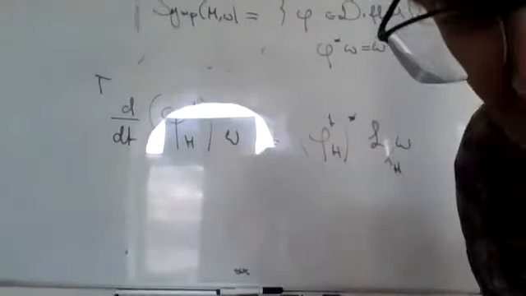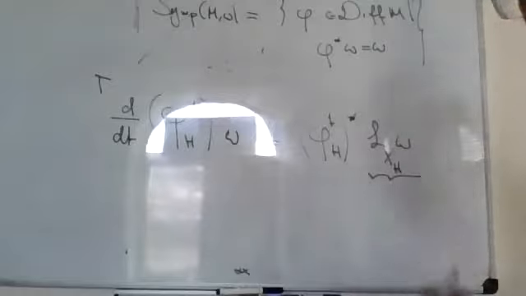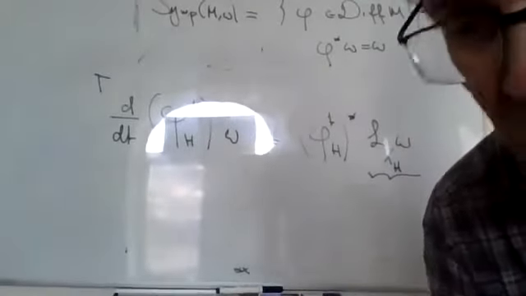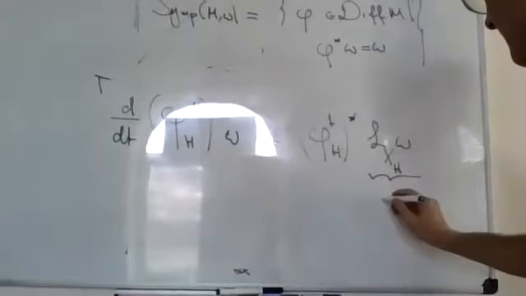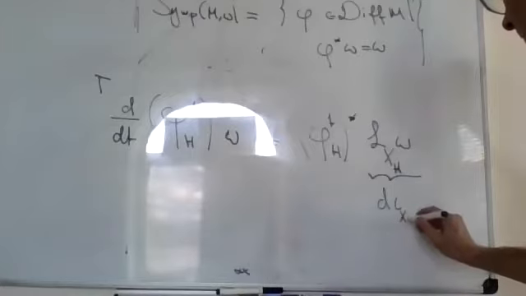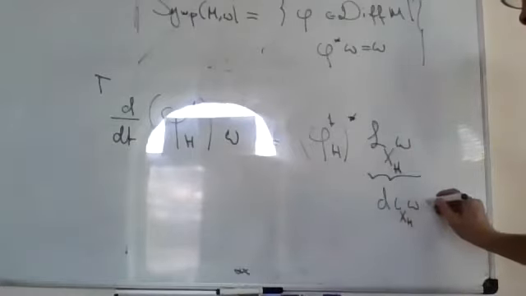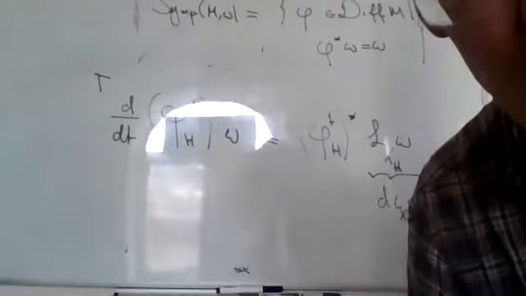Yeah, but now we use something else, Cartan's formula. Every Lie derivative of a form is d i plus i d. So this is d of the contraction of omega plus i of d omega. This is for every differential form.